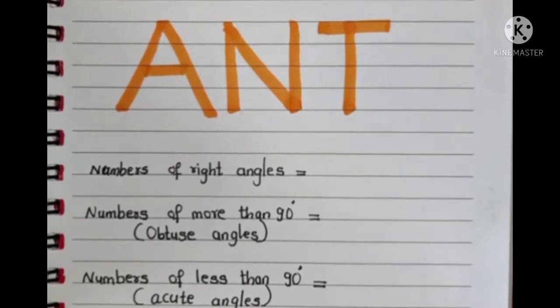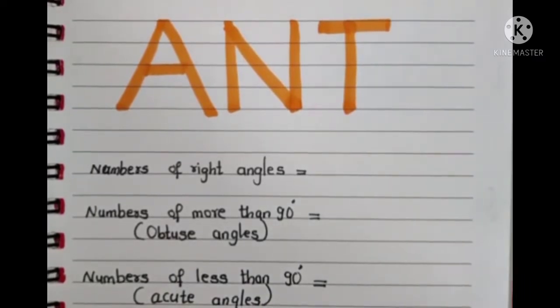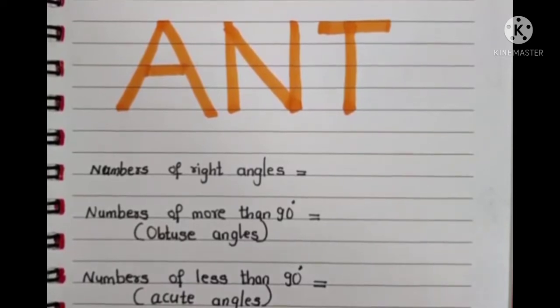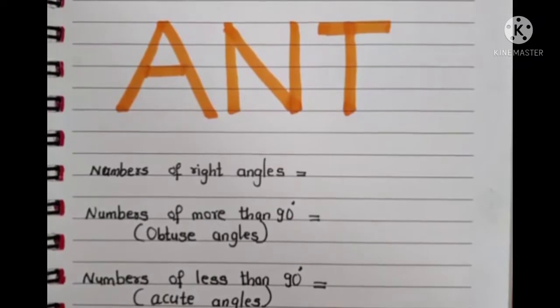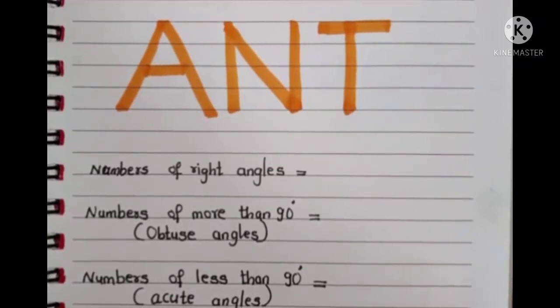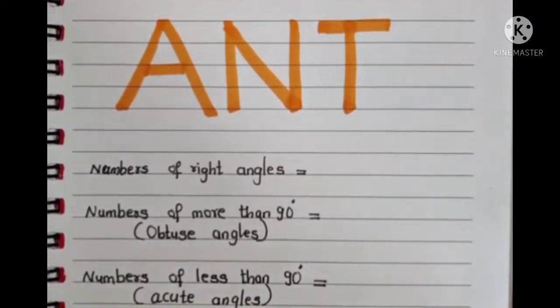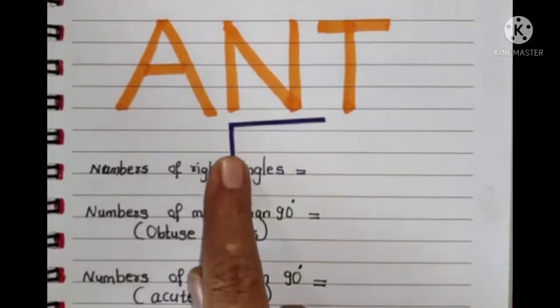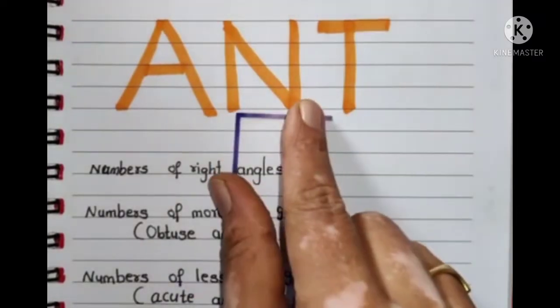Okay students, here is one name, Ant, A-N-T. In this, we have to find how many and what kind of angles are there. So let us begin. Students, I had made a right angle cut here.